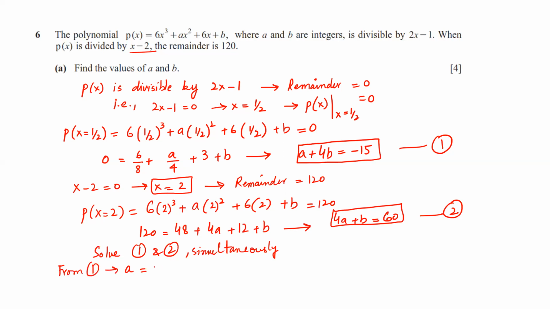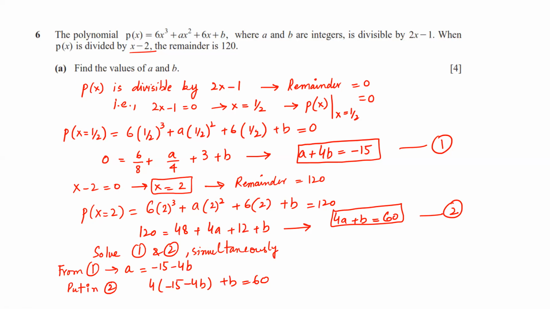a is equal to minus 15 minus 4b. Now put in equation 2. So we get 4 into (minus 15 minus 4b) plus b equals 60.